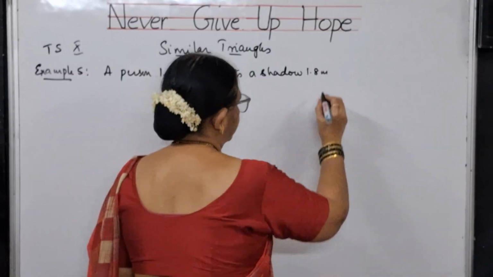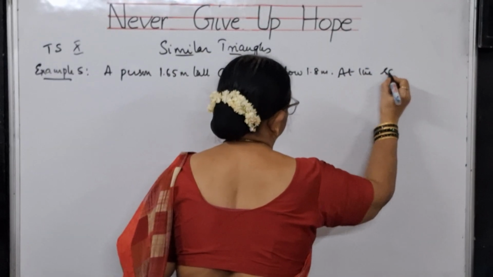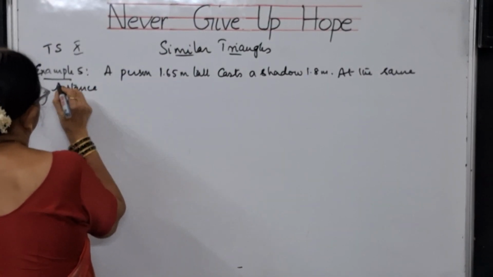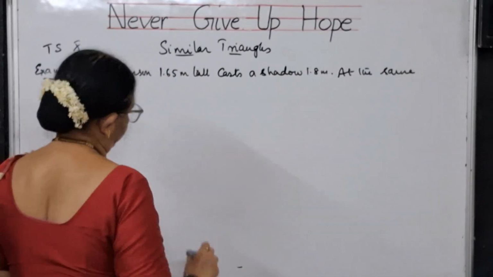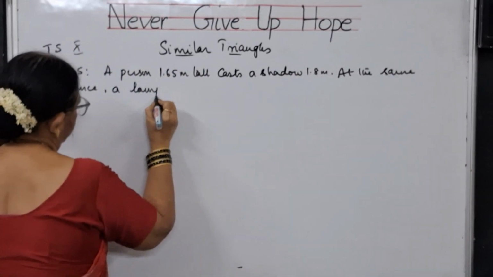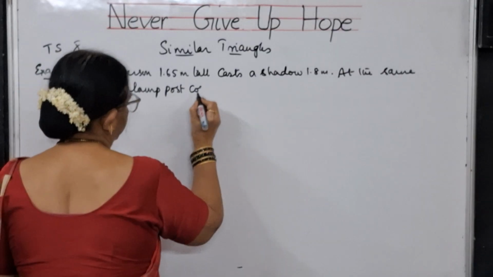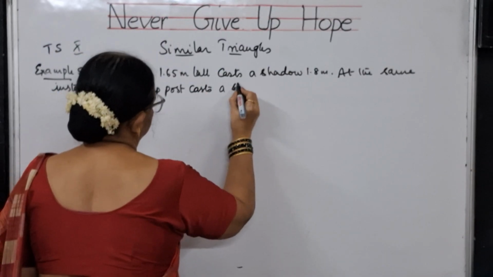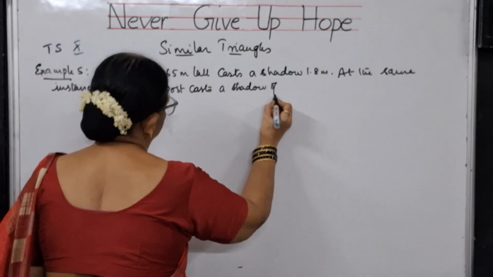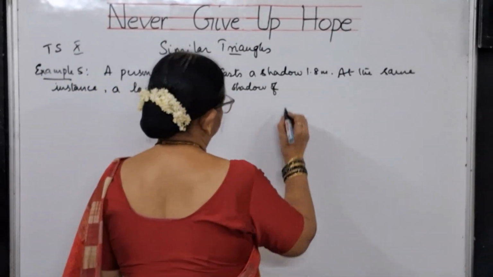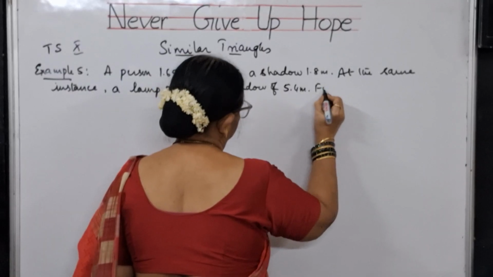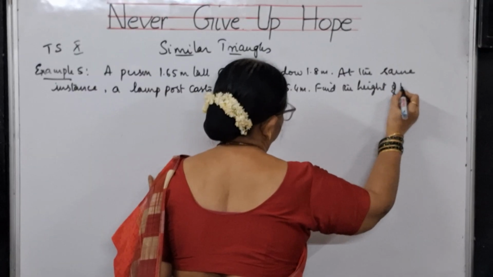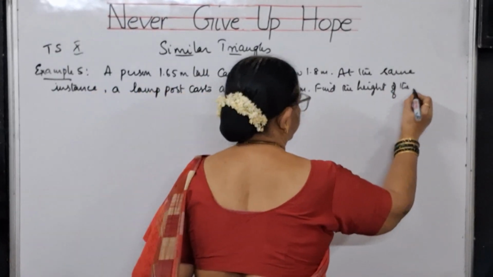At the same instant, a lamp post casts a shadow of 5.4 meters. Find the height of the lamp post.